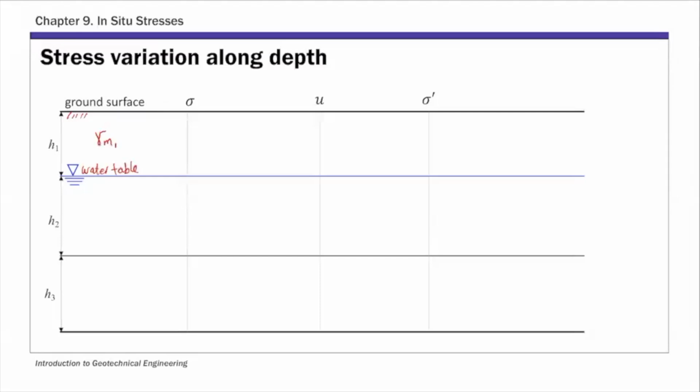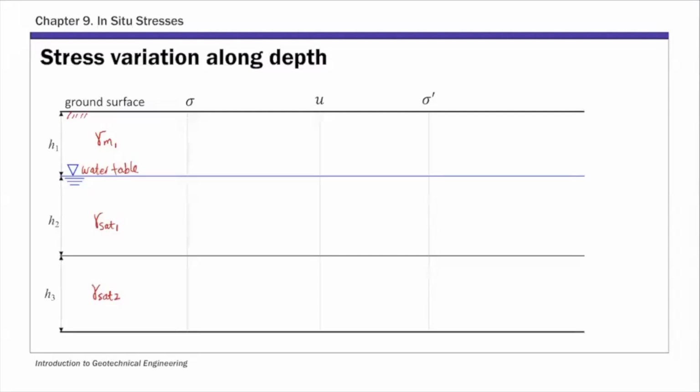For the two soil layers H2 and H3, I call the unit weights gamma saturated 1 and gamma saturated 2. These are the two soil layers below the water table. That's the setup.